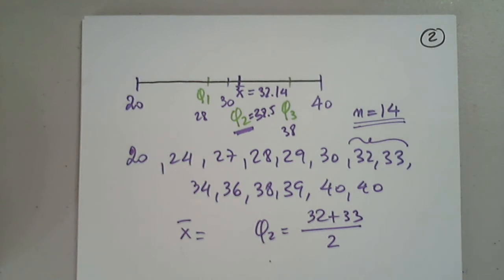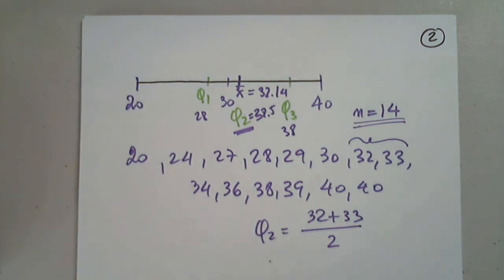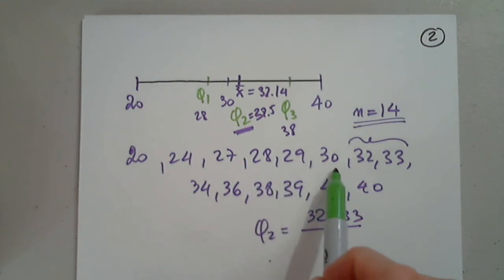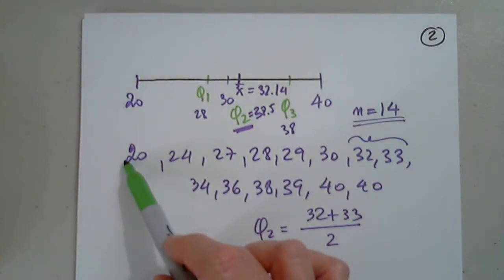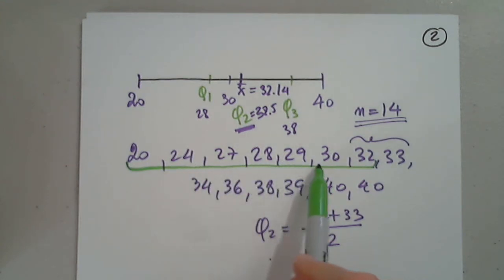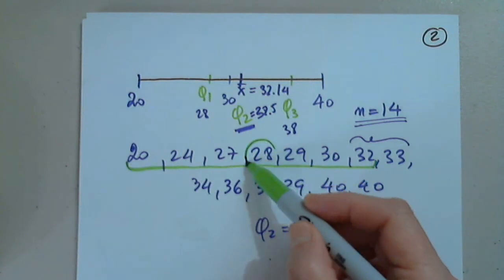Now, how do I determine the other ones? How do I determine Q1 and Q3? I will repeat the same steps and look at these observations. So now I have 2, 4, 6, 7 observations. Then that's how I get the middle one to be Q1.